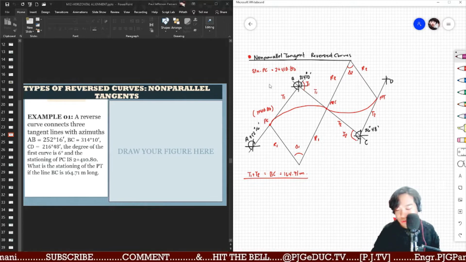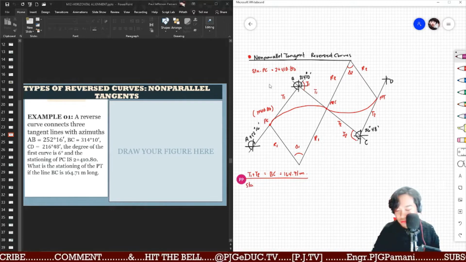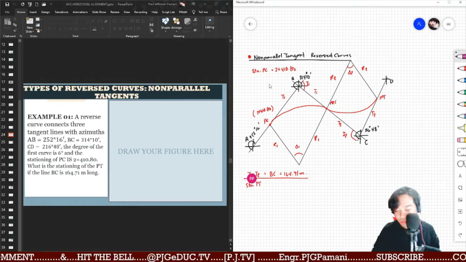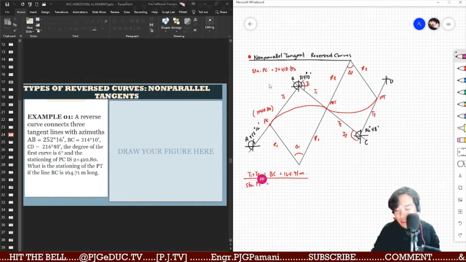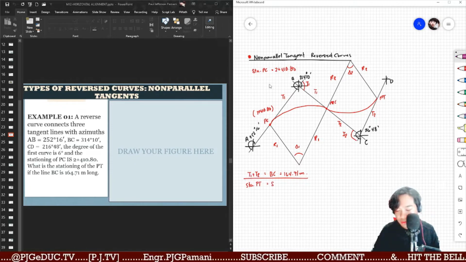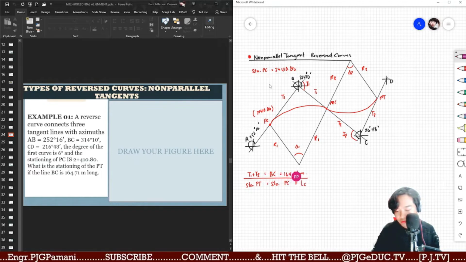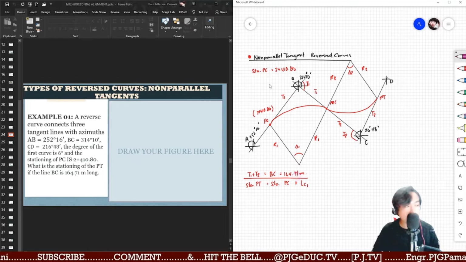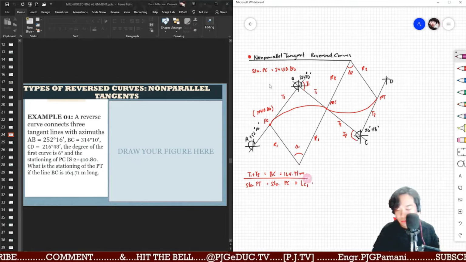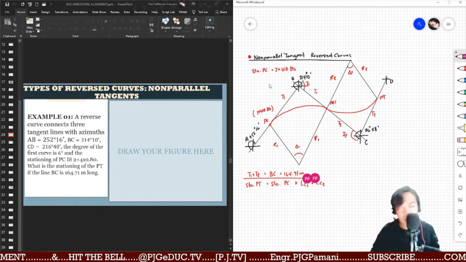For us to solve the station of the point of tangency, kailangan natin si station PC plus the length of the first curve plus the length of the second curve.